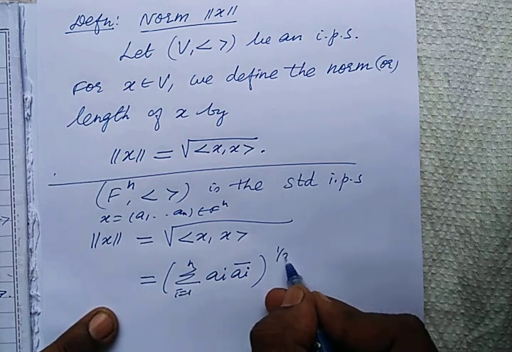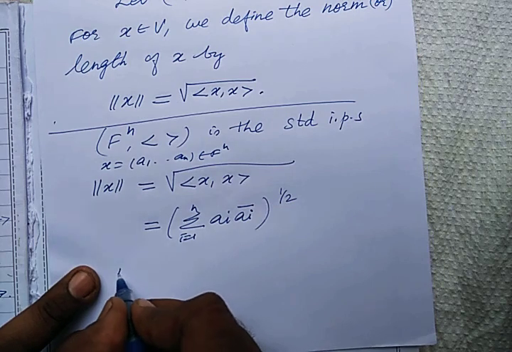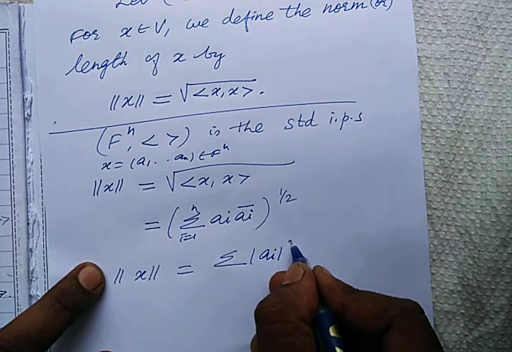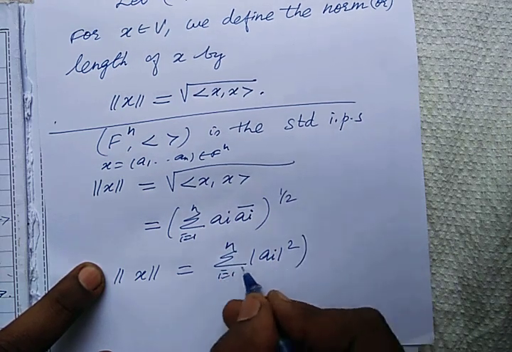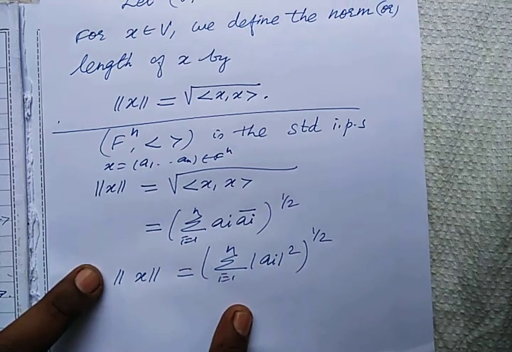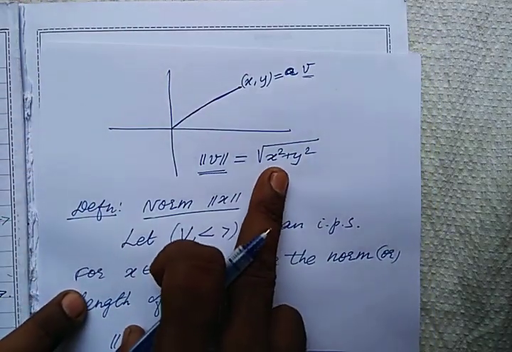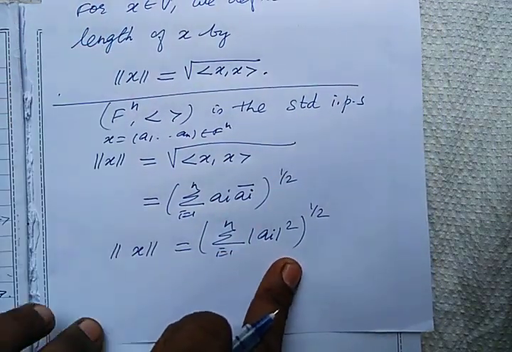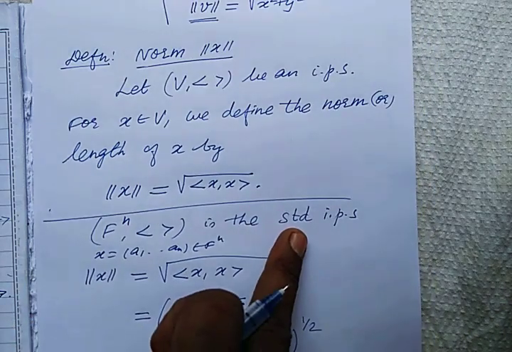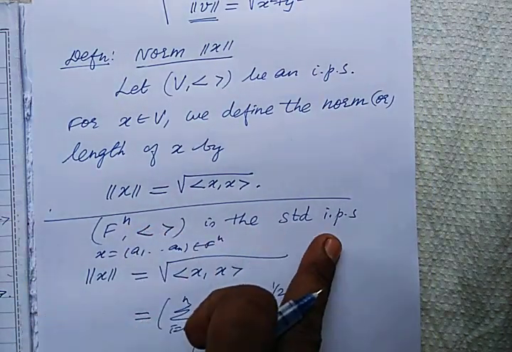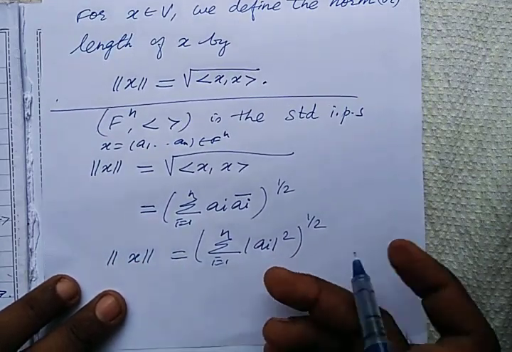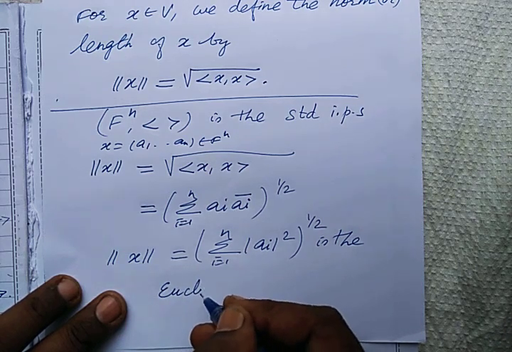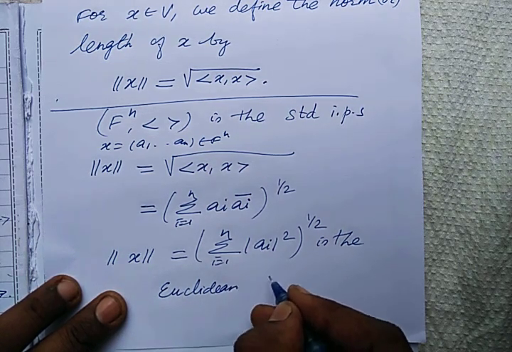Instead of square root, we put whole power 1 by 2. So the norm x is equal to summation mod ai square whole power 1 by 2. Just now we have seen this one, right? Square root of x square plus y square. This is the Euclidean distance. That's why it's called standard inner product. This inner product derives the Euclidean distance, and is called the Euclidean norm.